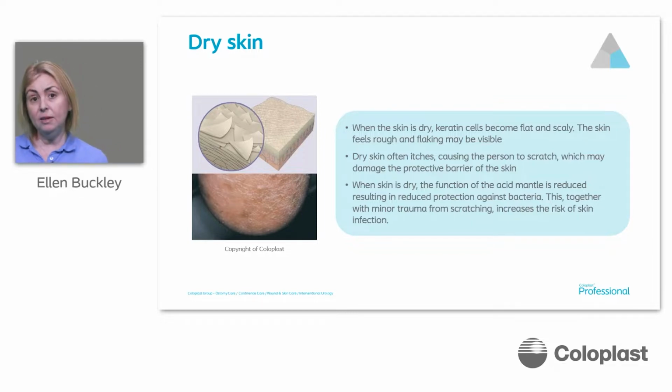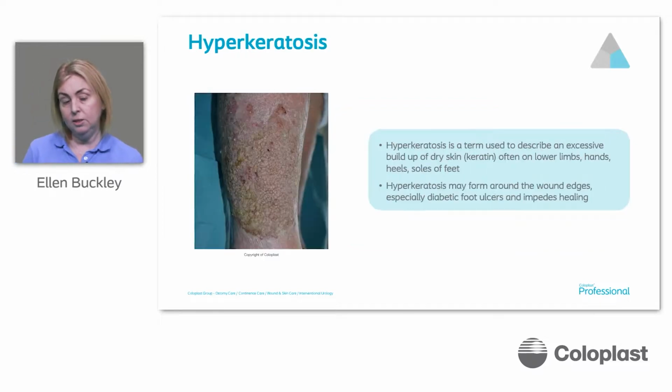But if skin is dry, then it can crack without any patient itching the skin. So again, that's an increased risk of infection and something we don't really want to happen. When the skin is dry, the acid mantle is reduced, and therefore we've got reduced protection against bacteria as well. So it's a problem that we really do need to address, and emollients again can be useful in this situation.